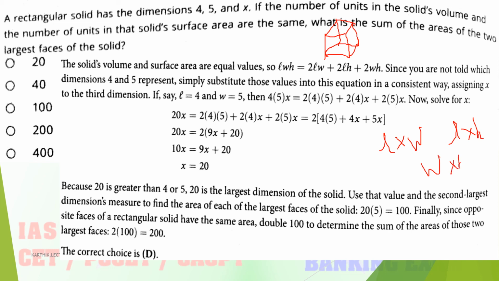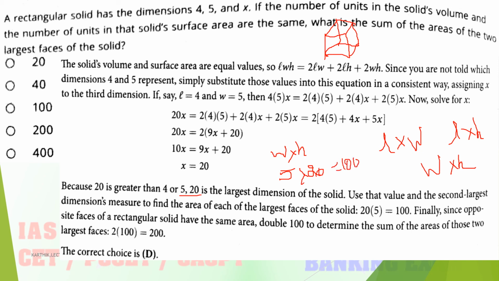Which one is larger? Breadth into height is larger. So 5 into 20 is how much? 100. So 100 is the larger area.